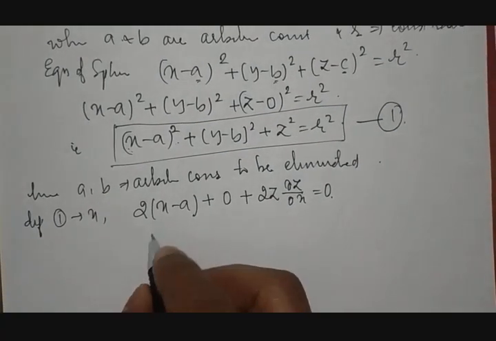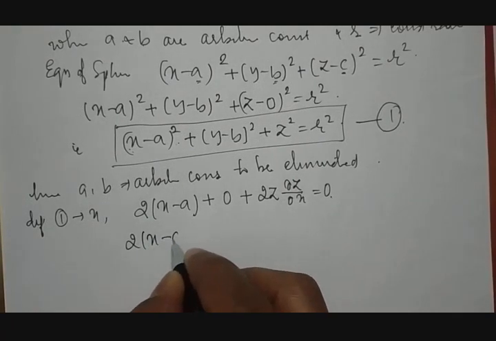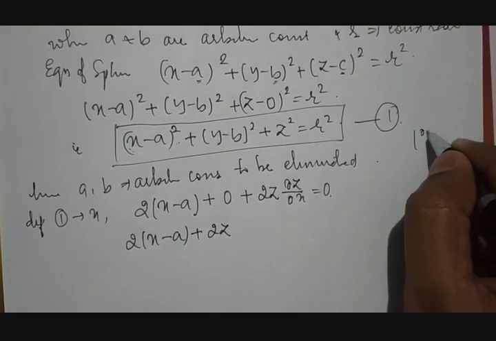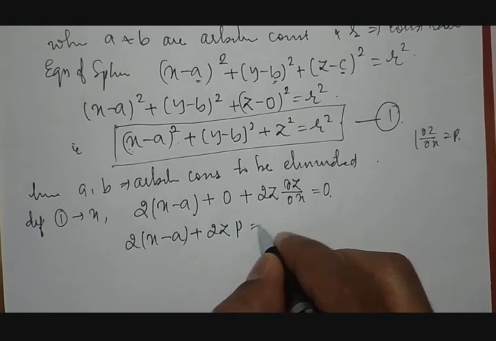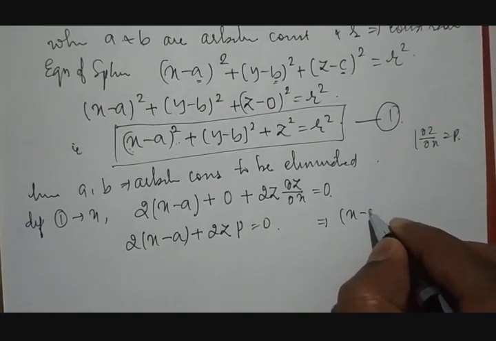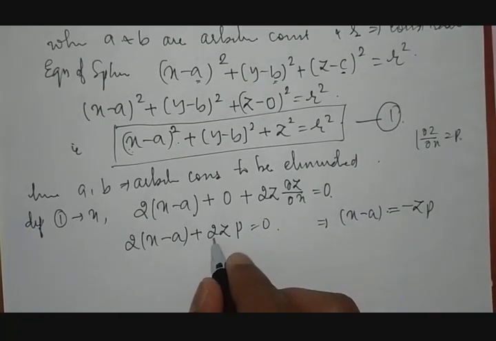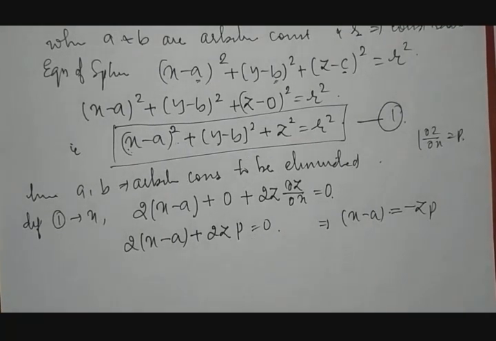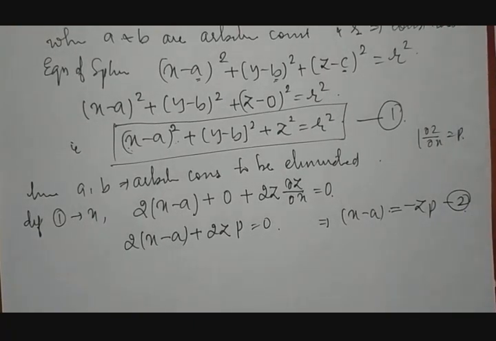Therefore 2 times x minus a plus 2 times z p equals 0, where dou z by dou x is notation p, or x minus a is equal to minus zp. This is equation number 2.